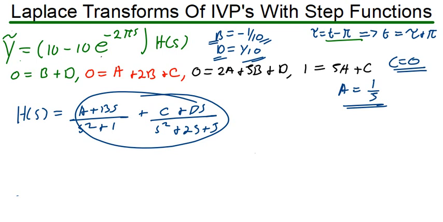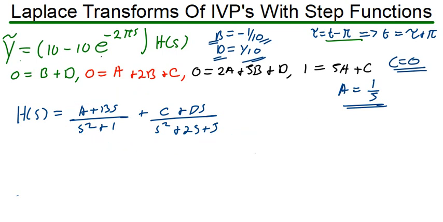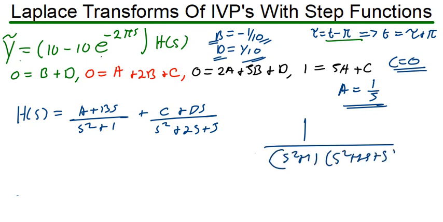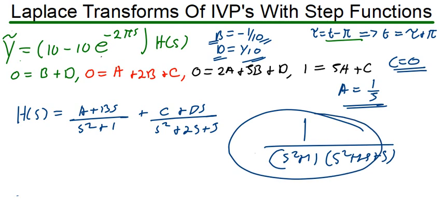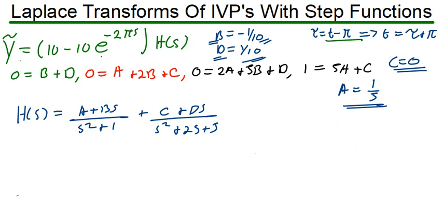After you substitute, try to combine that to make it a single fraction again. You observe that it's just going to take you to 1 over s squared plus 1 times s squared plus 2s plus 5. If it doesn't take you to this, it would mean that my values of a, b, c, and d are wrong. But it will take you back to that, I guarantee you.